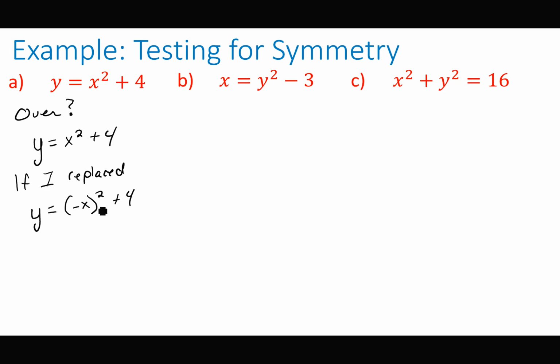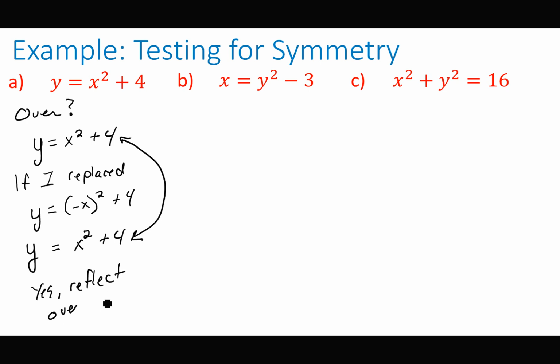Well, I know a negative x squared will be x squared. Any negative number that I square is going to become positive. So because these two equations are the same, yes, this one does reflect over the y.